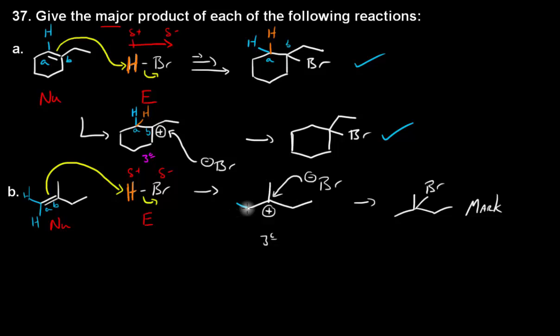So here we have 2 hydrogens right here, 2 hydrogens right here, and we ended up adding the orange hydrogen to carbon A because it already had the most number of hydrogens. Okay, and this is our final product. This is the Markovnikov product, and this is a completely correct answer. This will get you 100% total credit on an exam. Okay, all right, that's it for that one. And next question.